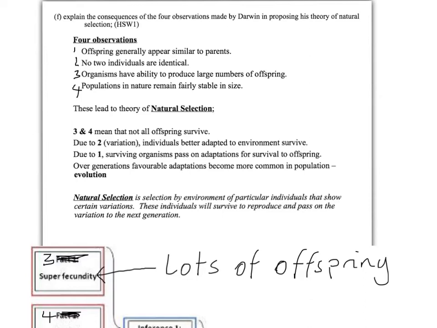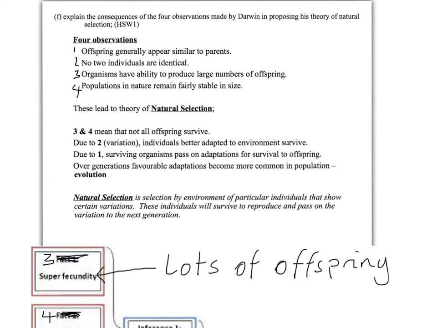And then finally, because of the fact that these characteristics are passed from parent to child, so they pass from generation to generation, the adaptations that survived pass down to the offspring. So the offspring then have those adaptations for survival. So that is the process of natural selection.